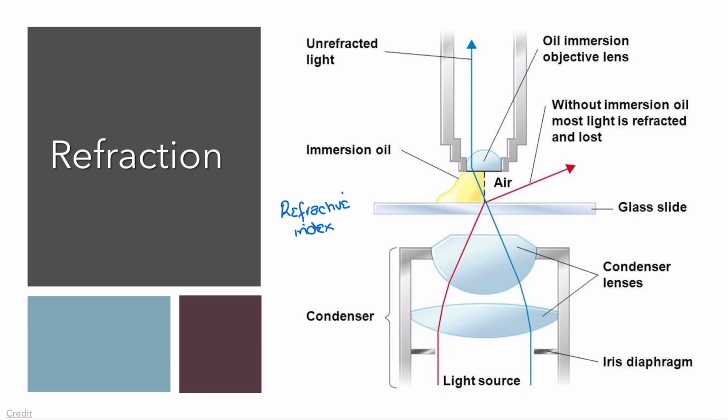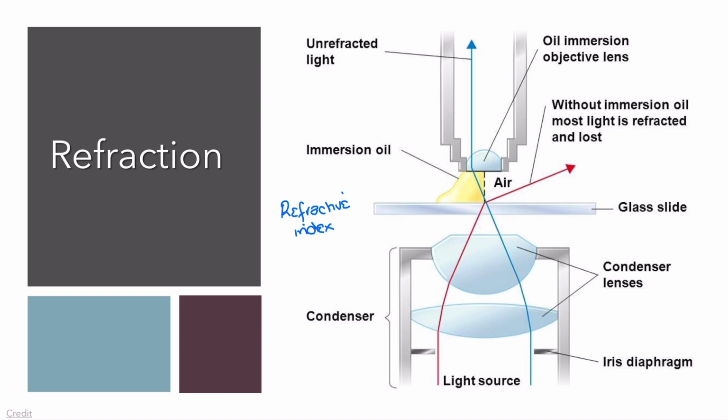And then as it passes back to the glass here in the objective lens, that has another refractive index that's different. So we're seeing multiple different changes in refractive indexes. So it's going through essentially glass refractive index, then air refractive index, then back to glass refractive index. And as it does so, the light here is going to bend. And as it bends through these different refractive indexes, we will lose the resolution of the sample.